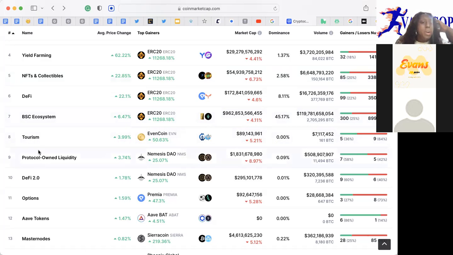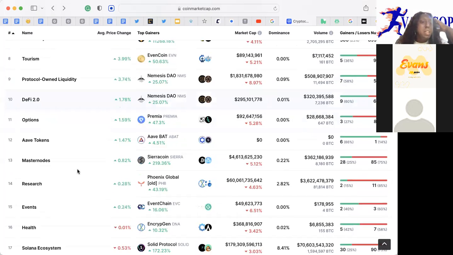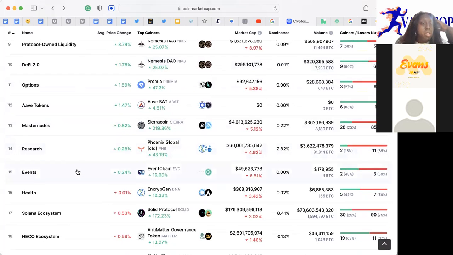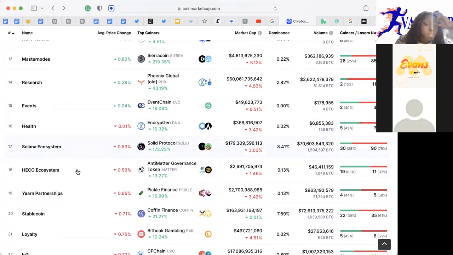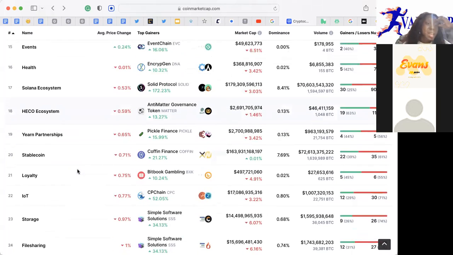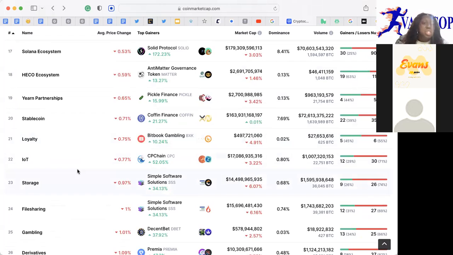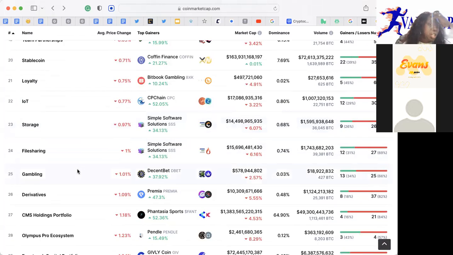Then we have tourism coins, protocol-owned liquidity, DeFi 2.0, options, Aave coins, Masternode, research, event, health, Solana ecosystem, Echo ecosystem, Yen partnerships, stablecoin, loyalty coins, Internet of Things. Now look at IoT, storage, file sharing, gambling.